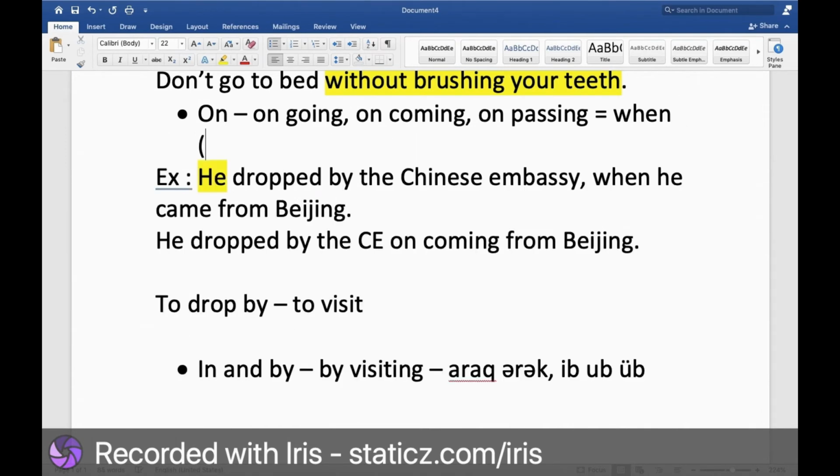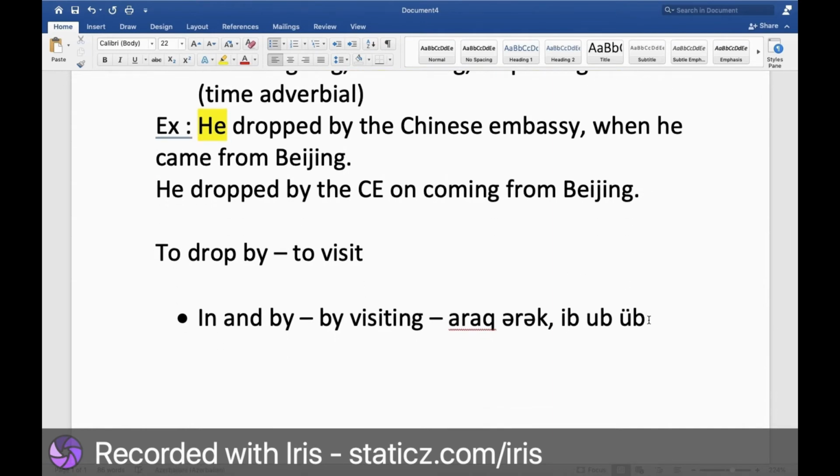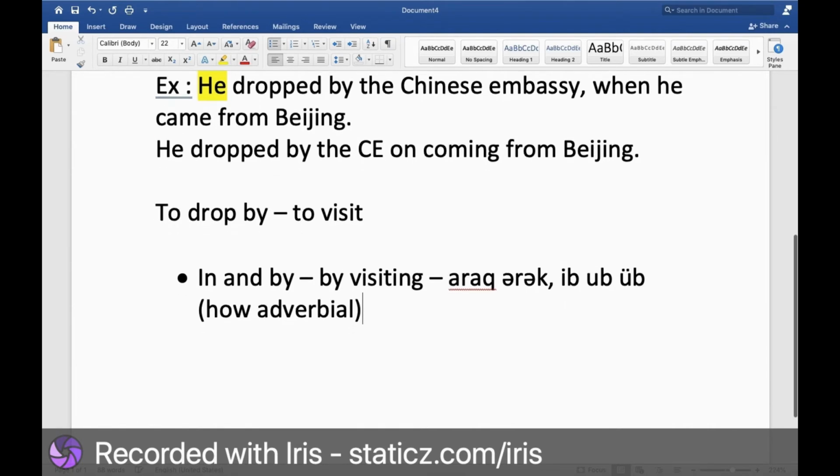By the way, this is time adverbial. I said, but I didn't write. This one is also how adverbial. This is actually the best form of using how adverbial in one sentence. If you're going to explain how something happened or how the action is performed, it's better to use in and by in a sentence, because this is a very nice way of explaining your action.